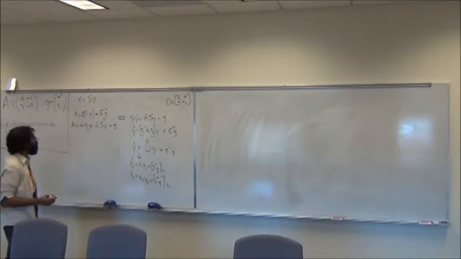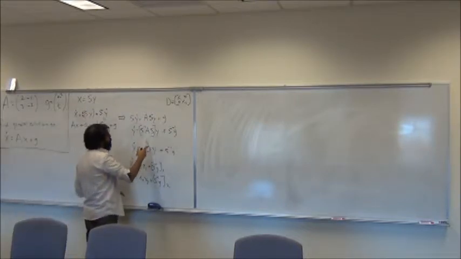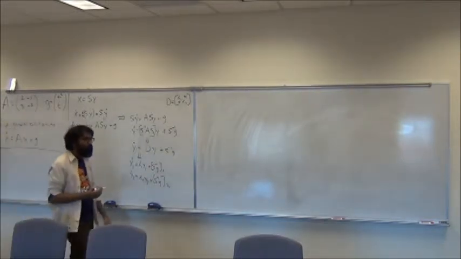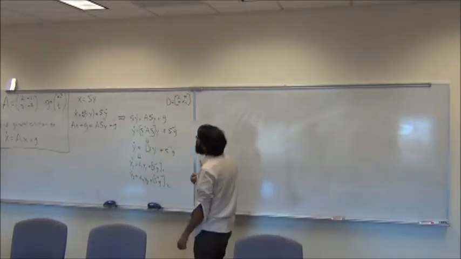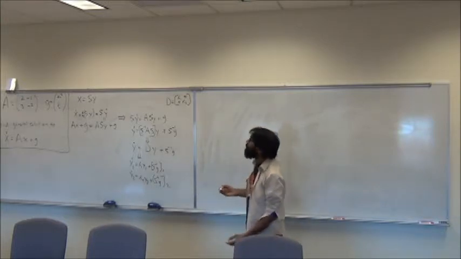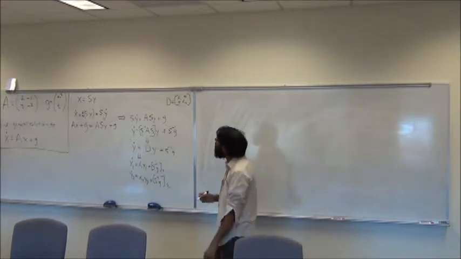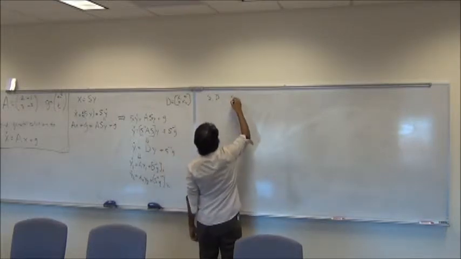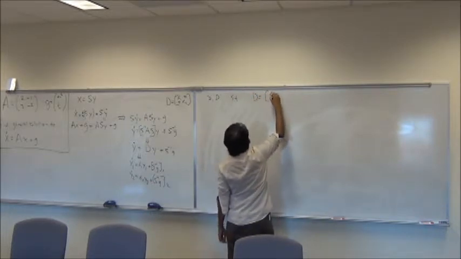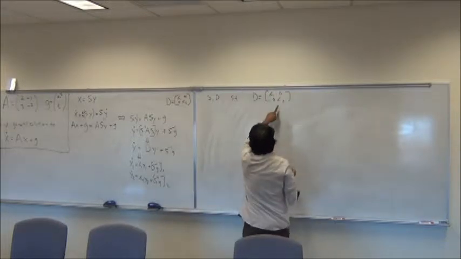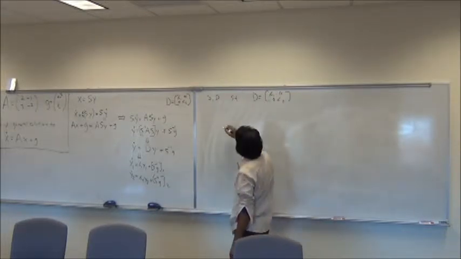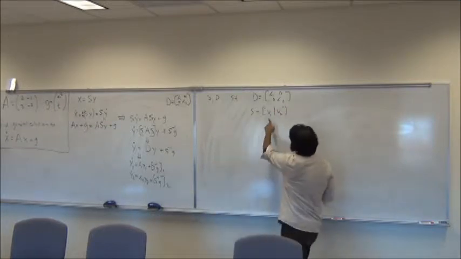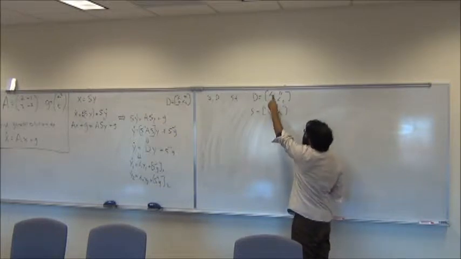So that's the basic strategy that we're going to use here. In order to do it, we need to find this S and this matrix D, and that amounts to diagonalizing A. We learned already that if matrix A is diagonalizable, which it will be as long as A is not defective, then we can always find a matrix S and a matrix D such that D has along the diagonal the eigenvalues of the matrix A, and the matrix S is constructed with columns as the eigenvectors corresponding to these eigenvalues.